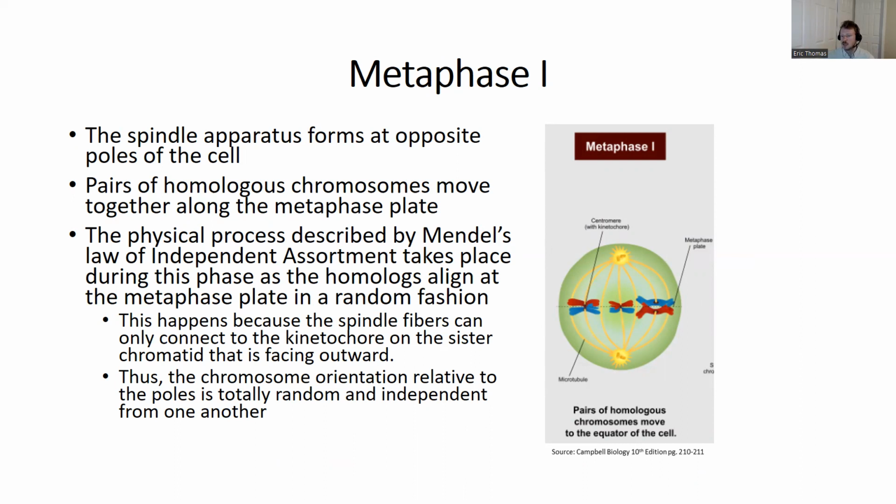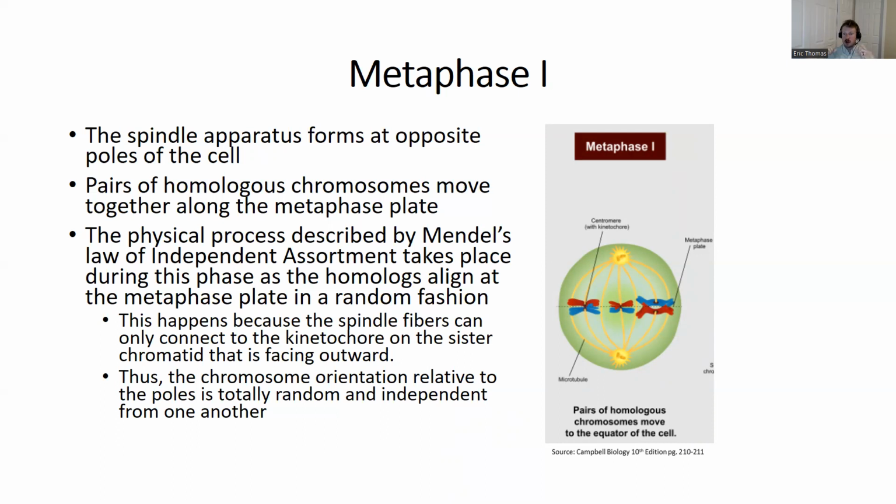And again, we're not going to get into the biochemistry of that. But imagine there are these apparatuses that are essential for the process that's taking place. Now, the pairs of homologous chromosomes are going to move together and line up along the metaphase plate, which is sort of the equator, if you want to envision it like that, of the cell.